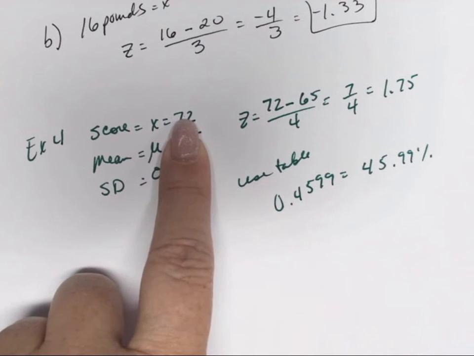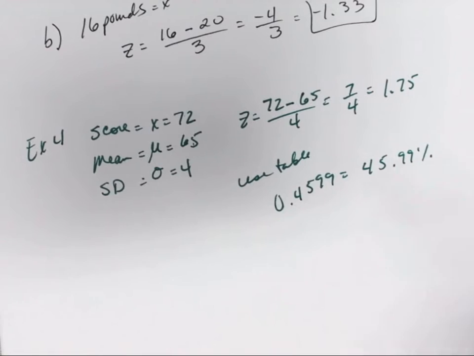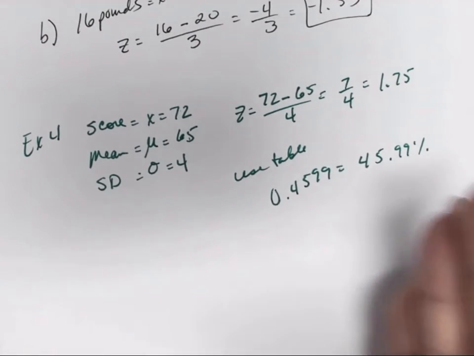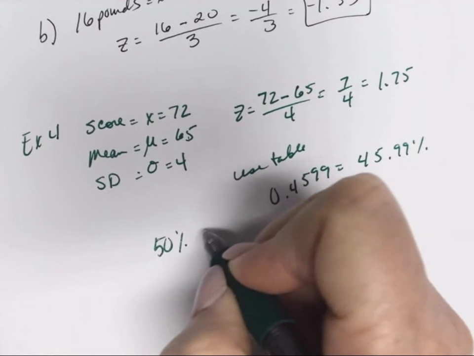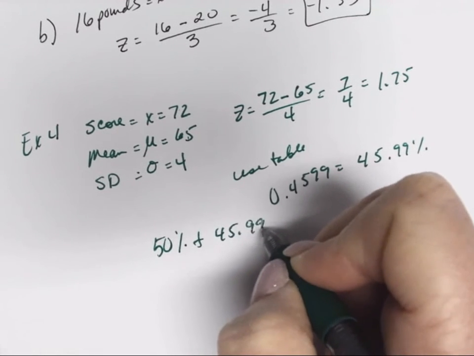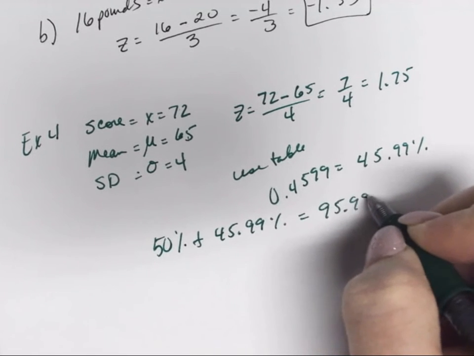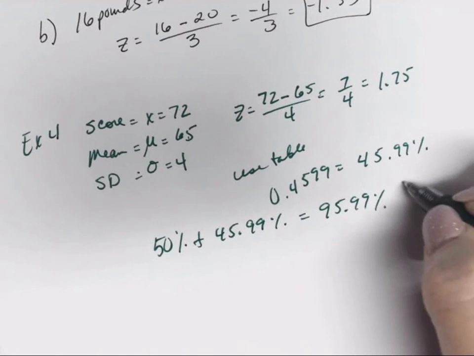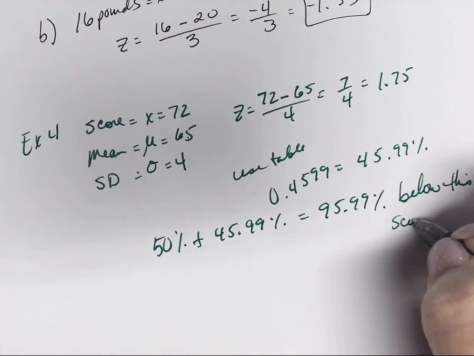You were above the mean, and then you're in this percent up here. So because there's 50% of the scores that were below it, you have to add 50% plus your 45.99% to get 95.99% that were below this score.